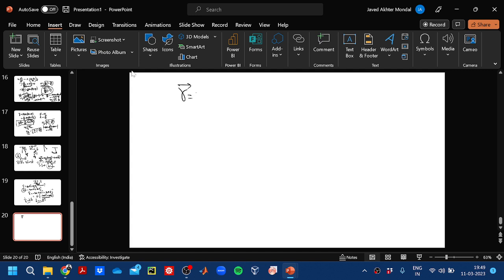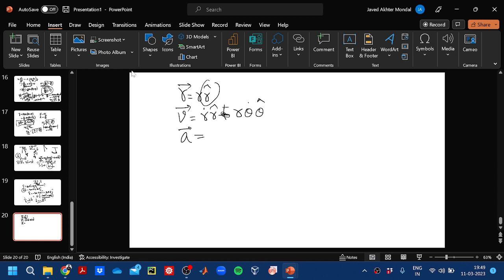So the position in polar coordinates is defined as this. Velocity will look like this: first r dot r cap, and r times the derivative of r cap, which we know is theta dot theta cap. And what will the acceleration look like?